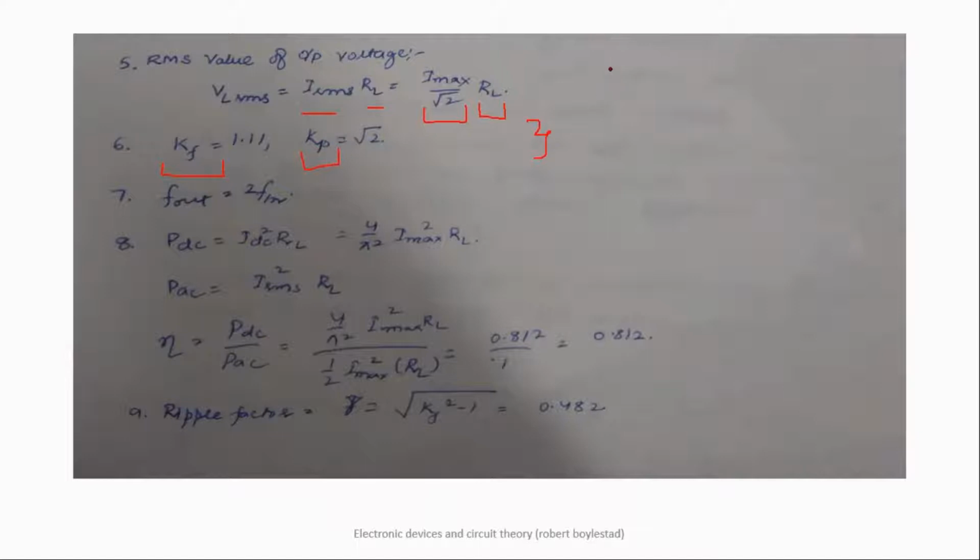So once again, I'm writing Kf is your form factor and your Kp is peak factor.